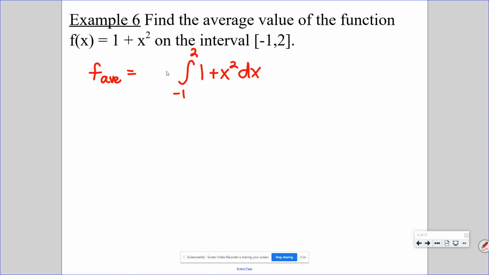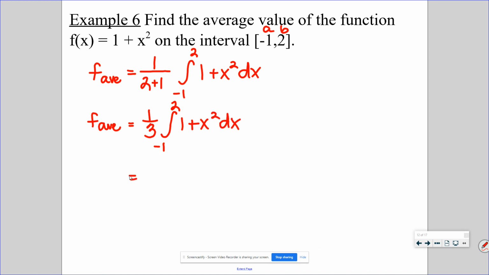You're going to do something extra, and the extra part is you're going to do 1 divided by b minus a, which is like the beginning and the ending of the interval. You're going to put that in front of your integral. So that means we're going to take the antiderivative, but there's going to be a 1/3 that we multiply by at the very last step.